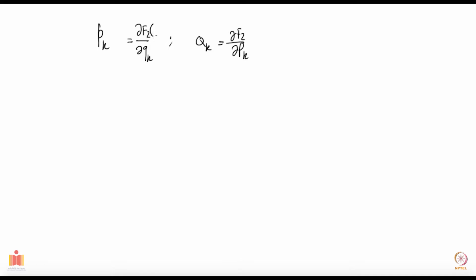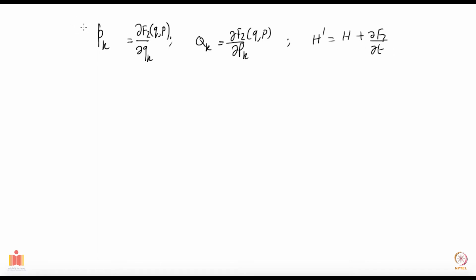And I should emphasize here that these are functions of small q and capital P. And as before, h prime is h plus del f2 over del t. Okay, del f2 over del Pk, that's Qk, all looks good to me.